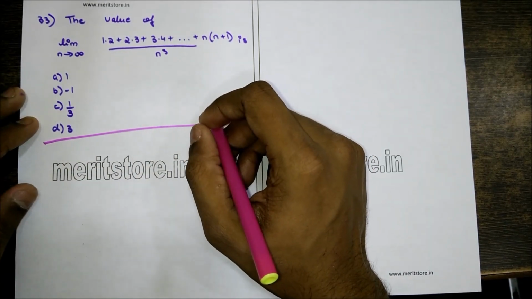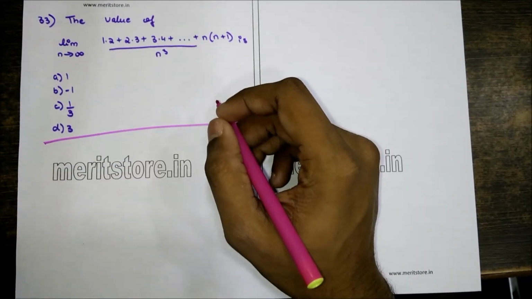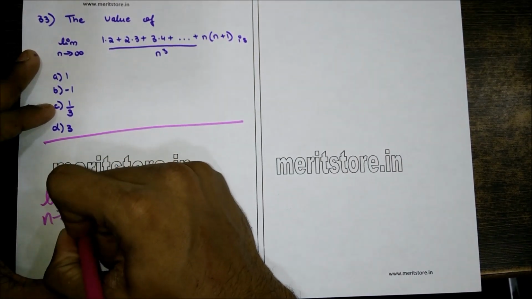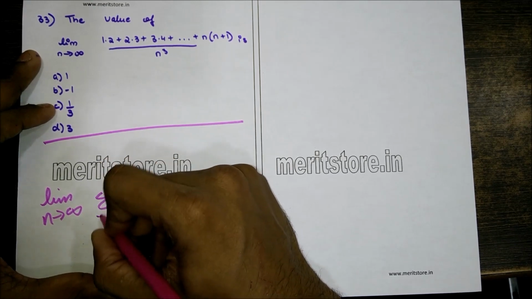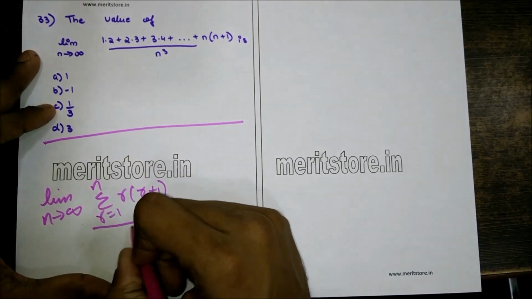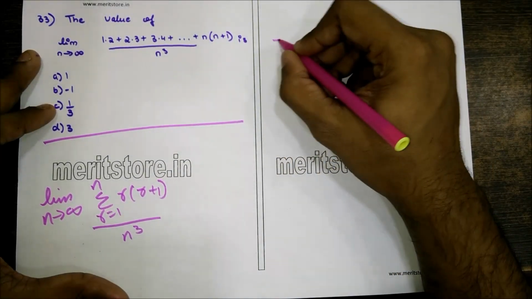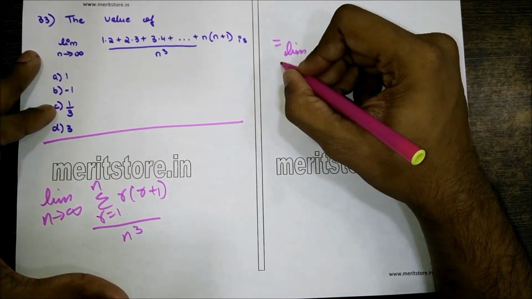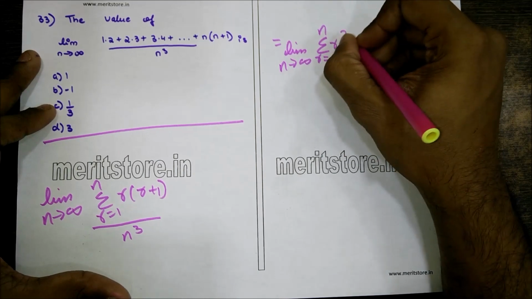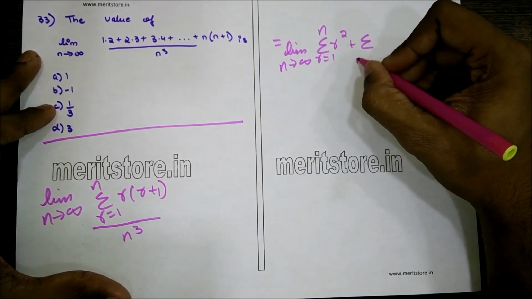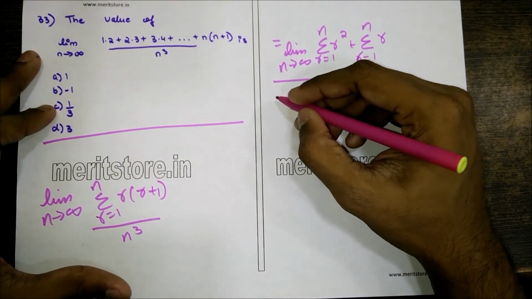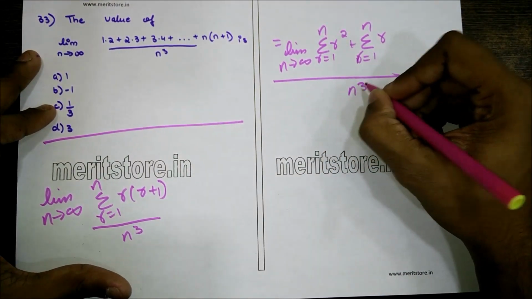So we can write this as limit of n tends to infinity summation of r is equal to 1 till n r into r plus 1 upon n cube, which gives us limit of n tends to infinity summation of r is equal to 1 to n r square plus summation of r is equal to 1 up to n of r, upon n cube.